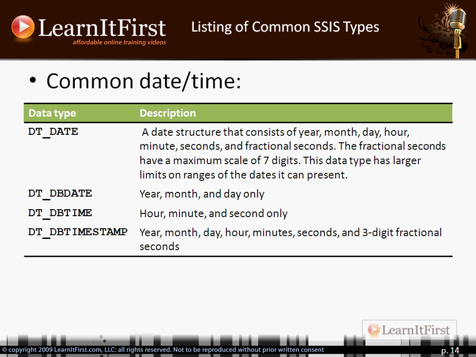But just notice here that you do have both a separate date and a time. And that the date has a scale of fractional seconds of 7 digits. That's going to be important because that won't map to just your plain old date time. The date time only has 3 fractional digits. So that's the little things that you have to know.